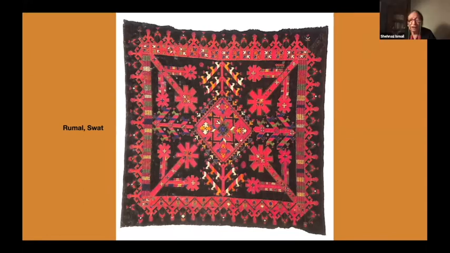Okay, this is specially for you, because this rumal from Swat has the border and the four corners and the ram's horn motif, and then the head, tessellated to look like human figures, but also this wonderful tree of life on the four corners and the garden in the center. It's so beautifully planned that it reminds me of your gardens that you talk about.